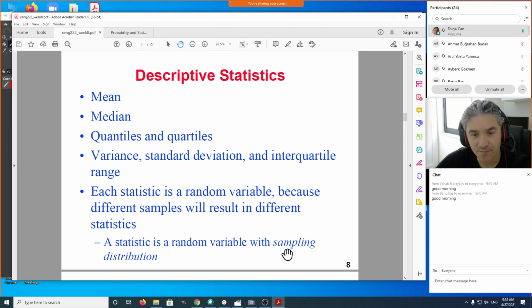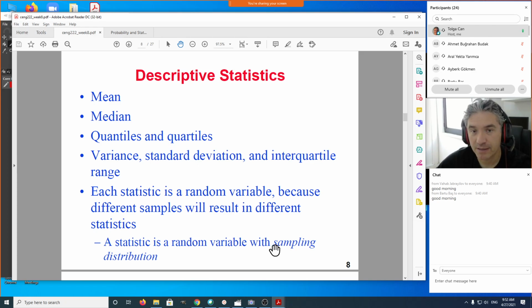And I gave an example. Sometimes the sampling distribution, when we're computing statistics like the sample mean or sample standard deviation, will be normally distributed because of the central limit theorem.